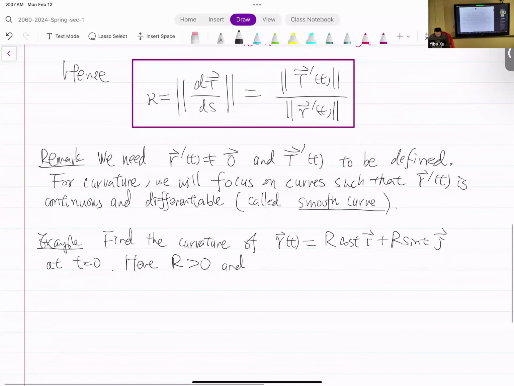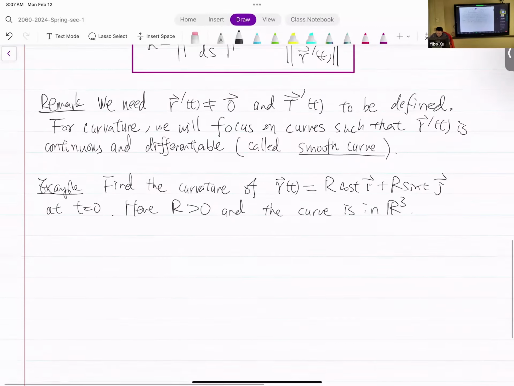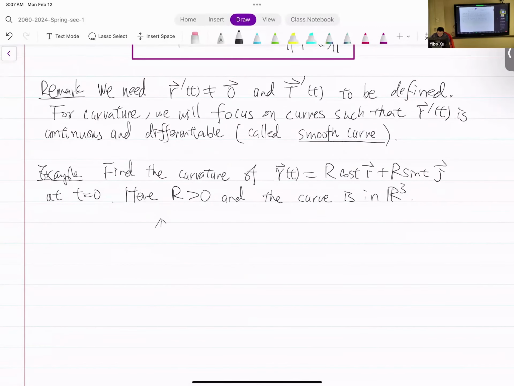So if you think about it, the curve is just the circle, and here we are studying it in R3. To quickly illustrate the geometry, we have the right-handed axes x, y, z.